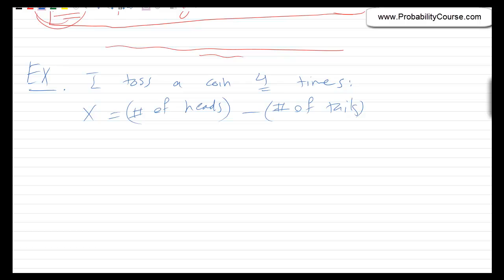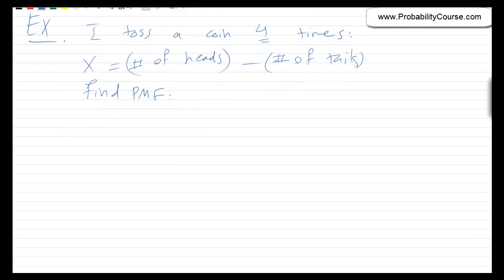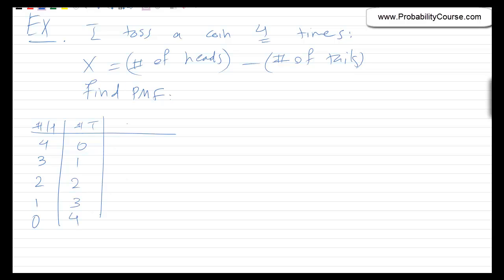Now when you are asked to find the probability mass function of a random variable, the first step is always to find its range. We have already found this range. Let's quickly do it again here. The number of heads could be either 4, 3, 2, 1, or 0, and the number of tails 0, 1, 2, 3, 4.